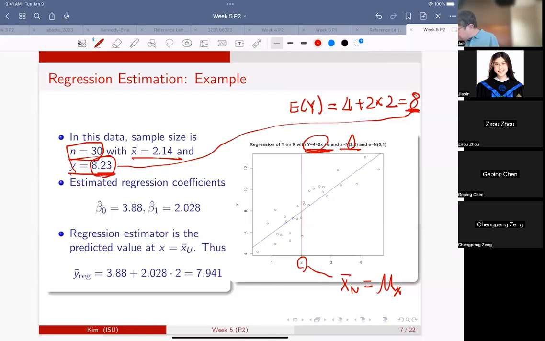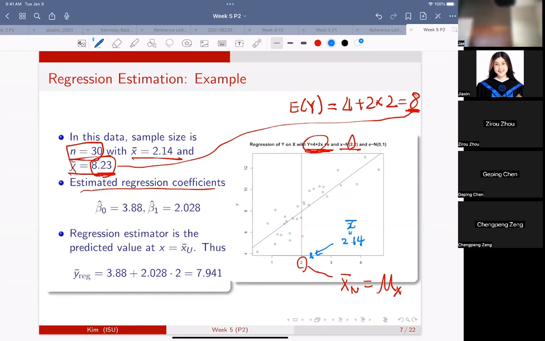And then this blue line is the estimated regression. I use a sample size of 30 to fit a regression model. This is my regression. Then let me ask you one question. This is 2.14, the X bar sample mean, right?